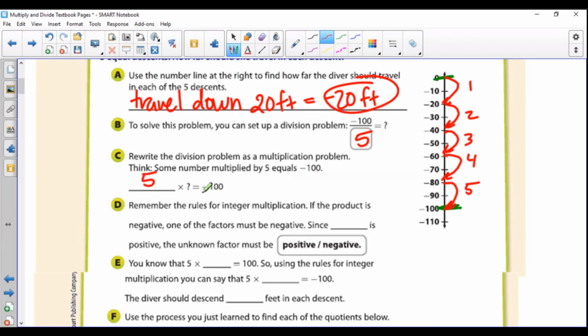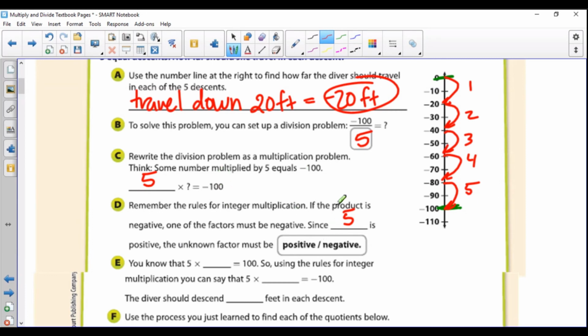So if I go back to my rules, if I multiplied 2 numbers to get a negative answer, they had to be different signs, right? So my first number is 5, and since 5 is positive, and I need them to be different signs, if I multiply a negative times a positive or a positive times a negative, that's how I get a negative answer.